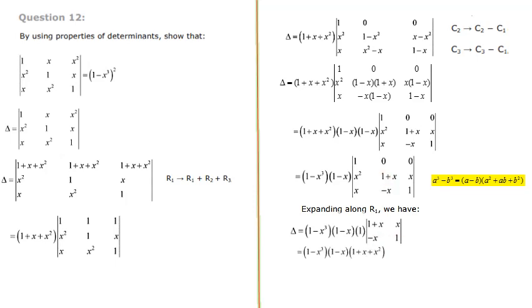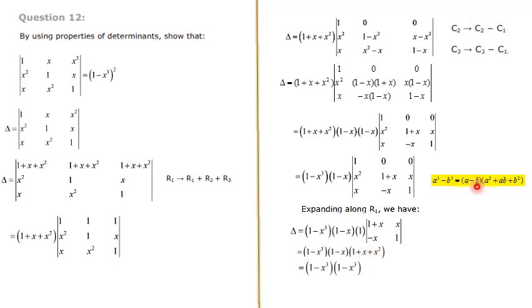it is written. Next, 1 minus x the whole cube into 1 minus x into 1 into this 1 plus x into 1. 1 plus x into 1 is 1 plus x, minus minus x into x. Minus x into x is minus x square. So minus x square, that is plus x square. Now again you can use the same identity, that is 1 minus x into 1 plus x square.